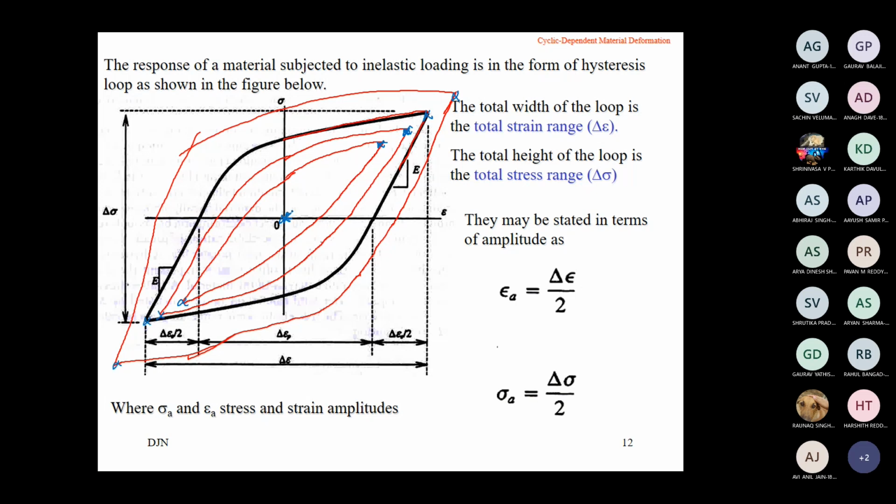I will do it on the tension side here. Connect the tips of the hysteresis loop curves. If you have further loops, you will get further points in this particular fashion. So the curve you get by connecting the hysteresis loop tips is the cyclic stress strain curve diagram.